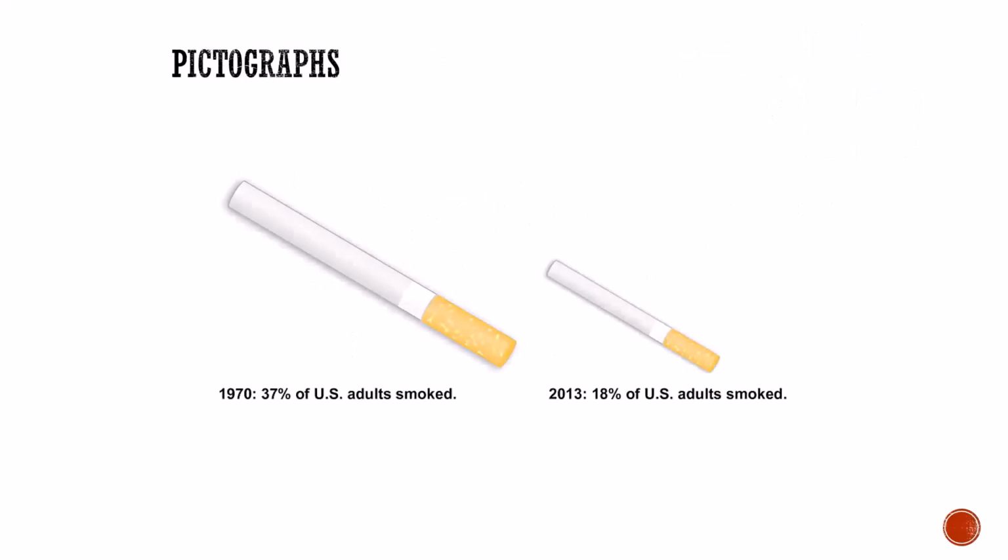So, goodness, don't smoke, it's not good for you, right? 1970, 37%, about $30. 2013, less than 1/5, right? That's the difference. But this exaggerates, right? This first cigarette is twice as long, but it's also twice as wide.